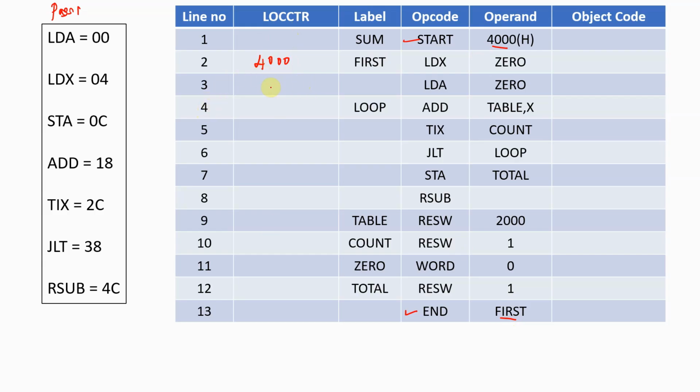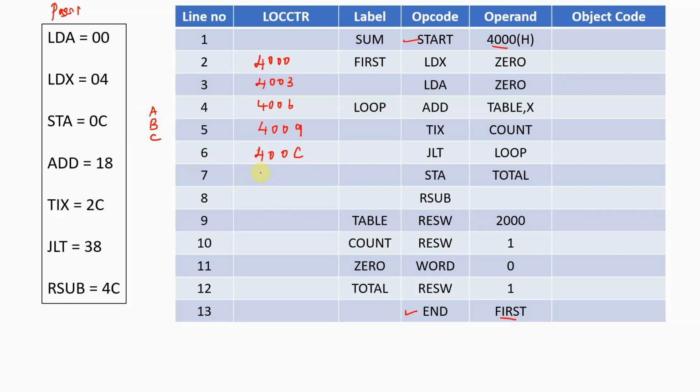Each instruction takes 3 bytes. So the next instruction is stored at 4003, and the next instruction will be 4006, and the next will be 4009. After 9 we have 10, 11, 12, but in the hexadecimal representation we have A, B, C. So it will be 400C.